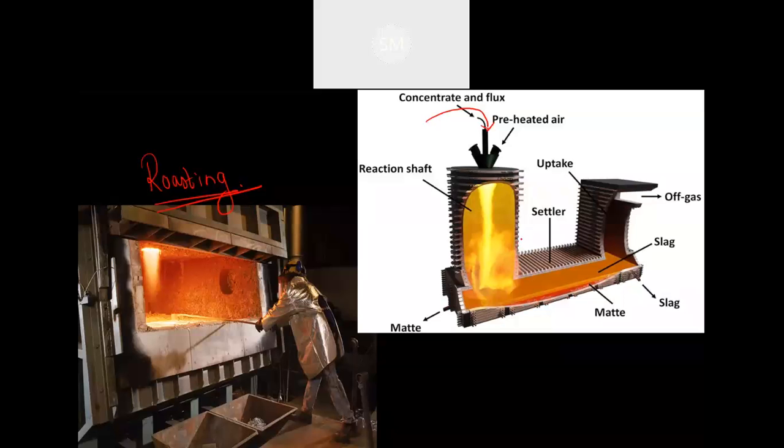Copper sulfide will get oxidized and form copper oxide. Then iron sulfide also will get oxidized to iron oxide, and the copper compounds undergo self reduction, and finally copper is obtained. Whatever impurities are present will be removed in the form of slag. Let me give you the equation for how it is done here.